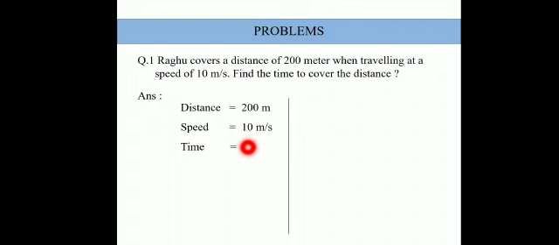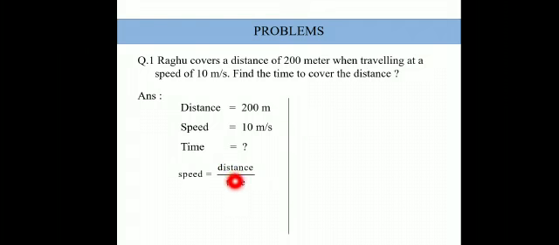Okay, and we know what is given to us: speed, distance and time. So we can use the formula for speed. Speed is equal to distance upon time. Now see, the same formula can be expressed in three ways. If we have to calculate speed, the formula becomes distance upon time, right?